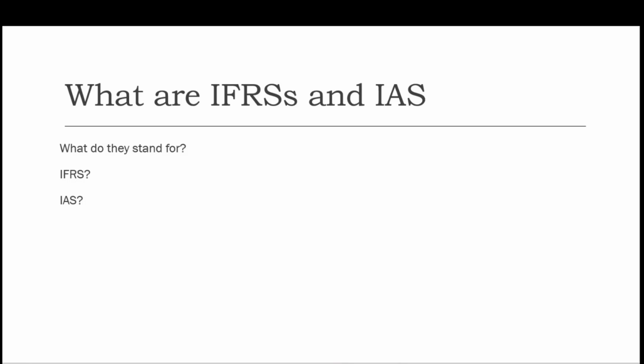IAS 2, how to account for inventory. IAS 36, how to account for impairments, and so on and so forth. IFRS 15, how to account for revenue. IFRS 16, how to account for leases. So every single item on your financial statement has a framework, and these frameworks are what is called the IFRS and the IAS.